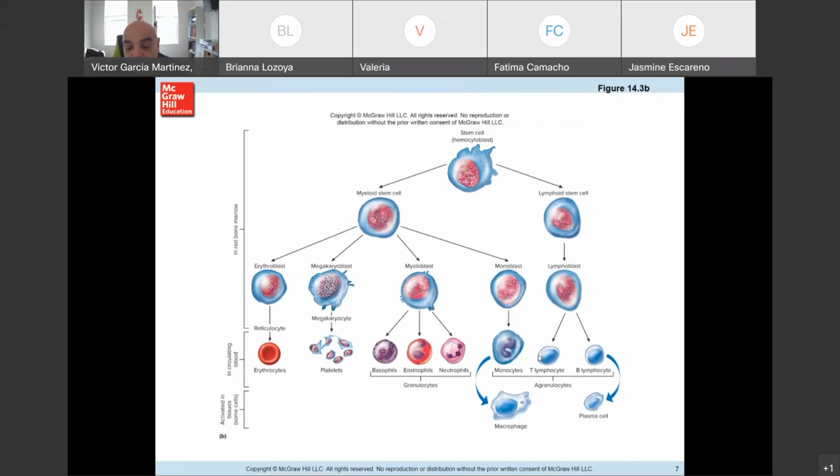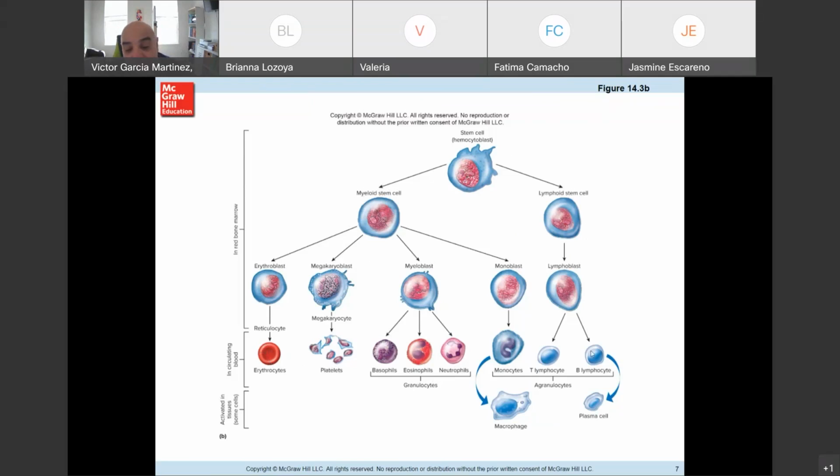Only if you remember the classification, agranulocytes, such as lymphocytes and monocytes, they are children of lymphoid stem cell. And the rest of them, erythrocytes, platelets, and granulocytes, are granddaughters of the myeloid daughter.